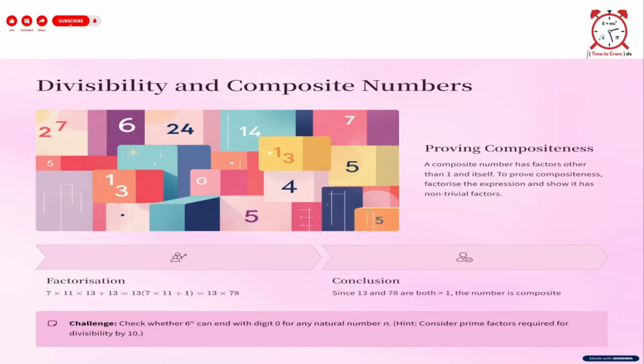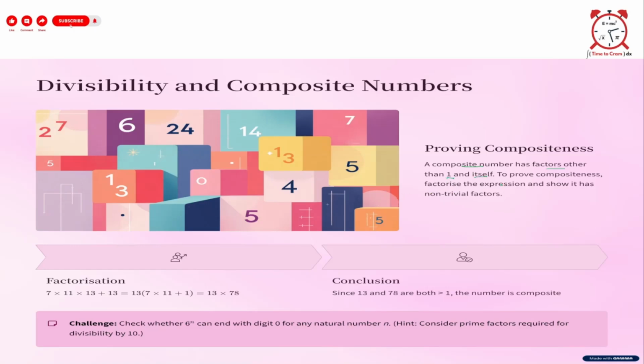Now divisibility and composite numbers. So proving compositeness. Okay. How the numbers are composite, how the numbers are prime. A composite number has factors other than 1 and itself, that we know.